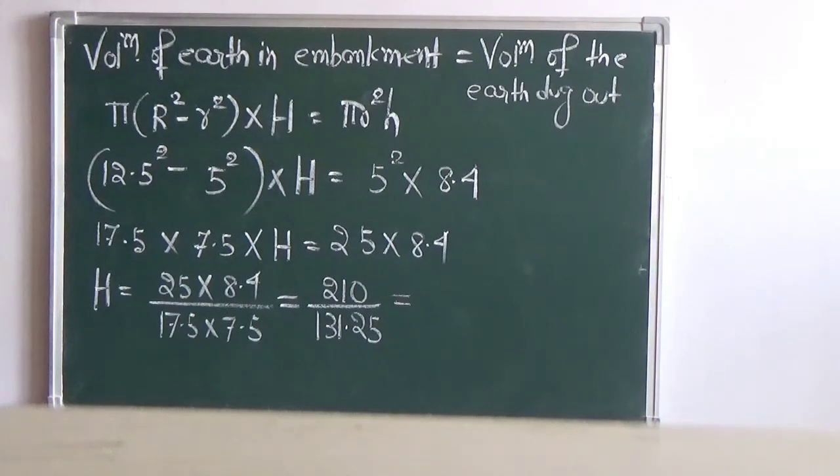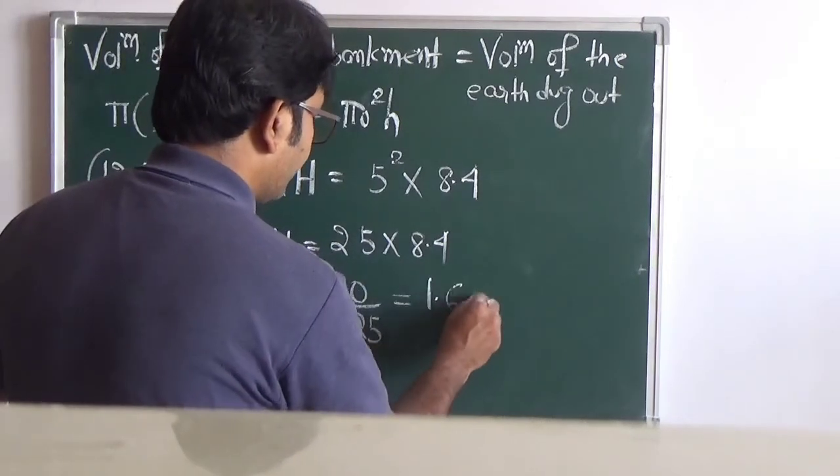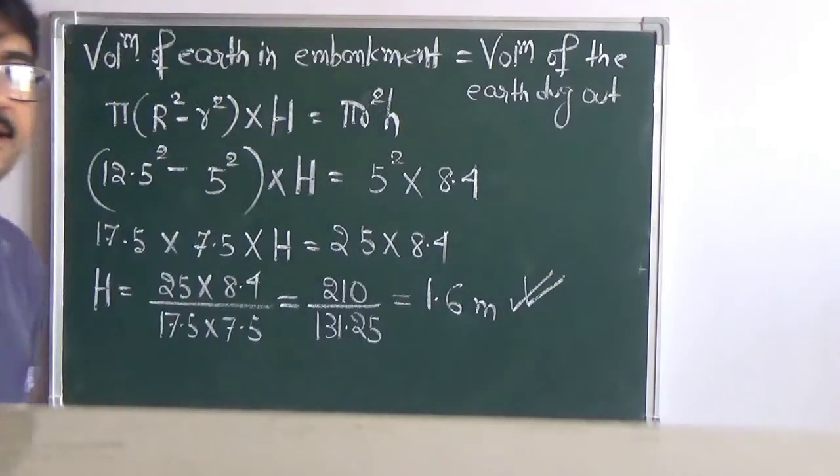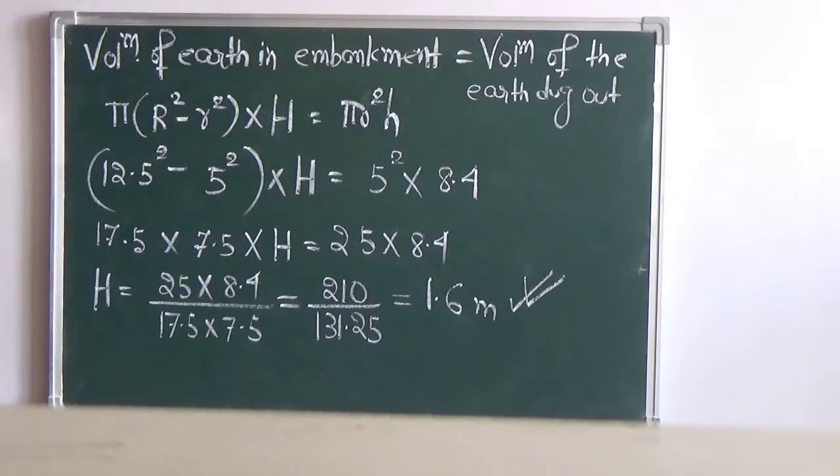No. 21000 divided by 13125, so it is coming to 1.6. So the basic idea is that this type of calculation, do it as much as possible manually, because in the examination you won't be getting the help of any device to calculate. So manually calculating this is very important, and also important is to get the correct answer.